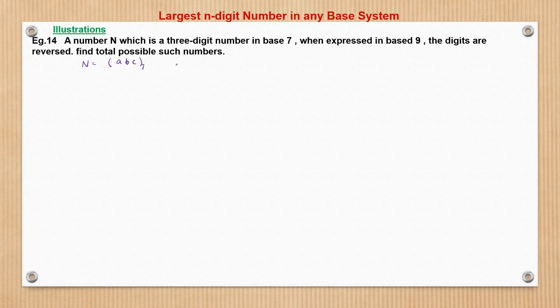Now when expressed in base 9, the same number becomes CBA in base 9, right? So this is the expression which the question actually intends to say. So find the total possible number of such cases.